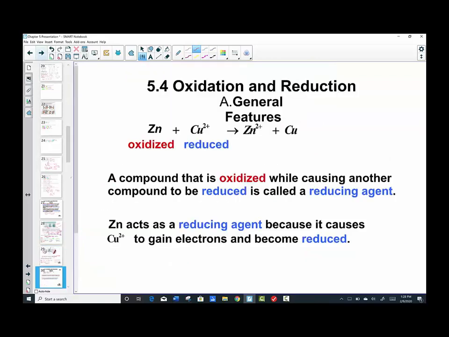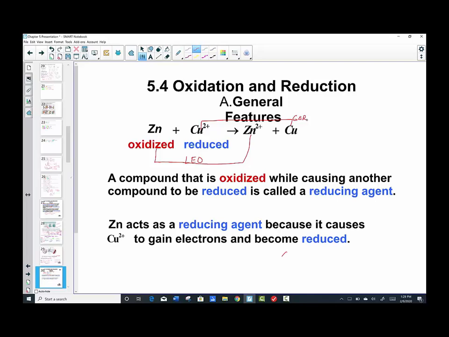So let's put that into some vocabulary. We said zinc went from 0 to +2. The loss of electrons is oxidation. Copper went from a +2 to a 0. The gaining of electrons is reduction.